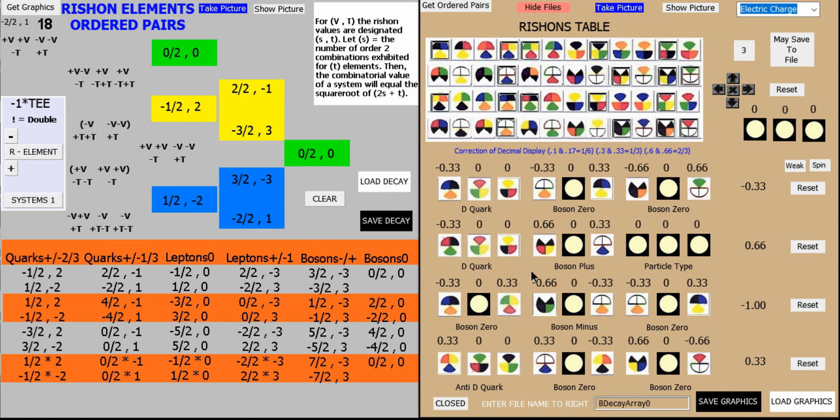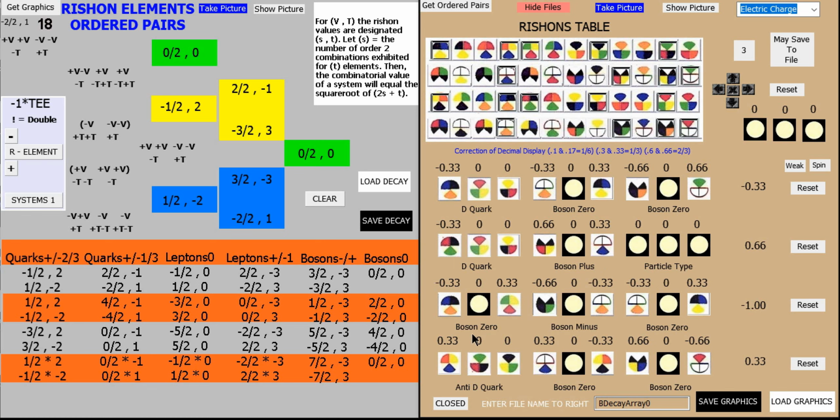And this time there is a charge provided by the scalar boson plus 2/3 on the flavored V and 1/3 on the prime T Rishon, providing a charge of 1, which then for the whole C quark will sum to 2/3 electric charge.